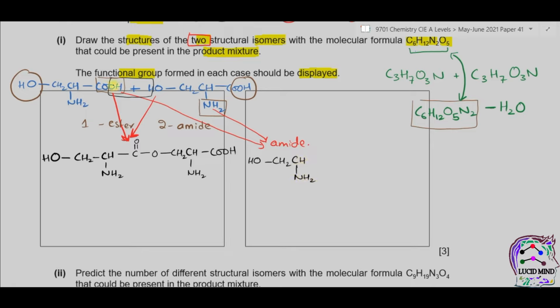Then we have COOH. OH will be removed along with this hydrogen. So C double bond O will be left. And now we have this nitrogen and along with only one hydrogen. Then we have this CH group, which is now branched. On one side we have CH2OH, on second side we have COOH.